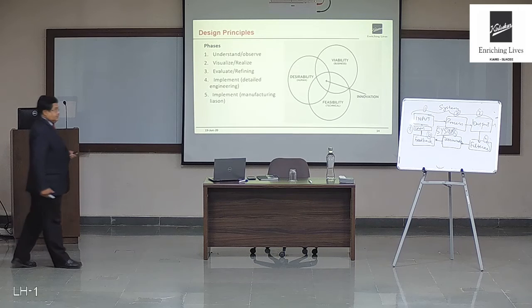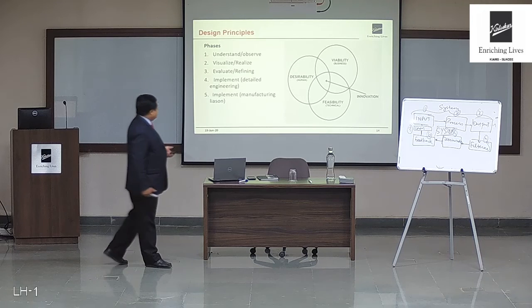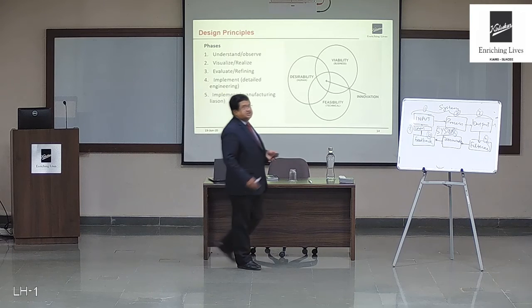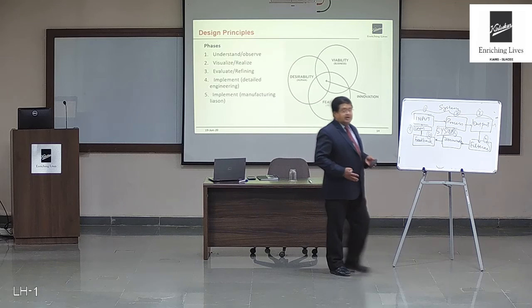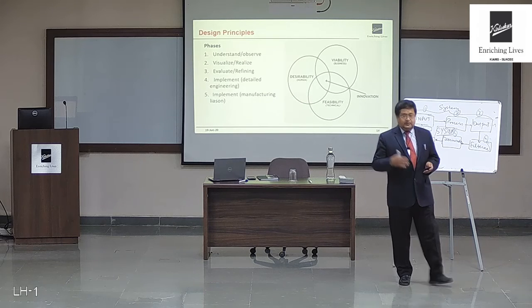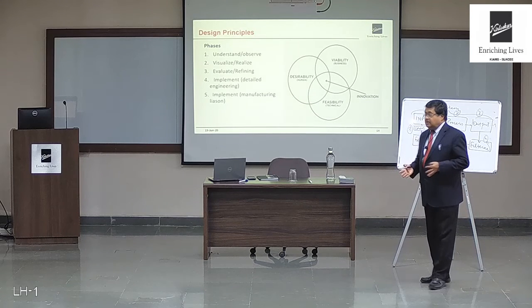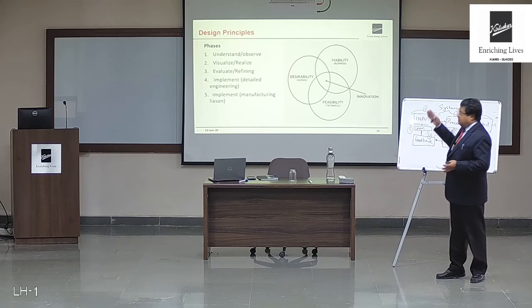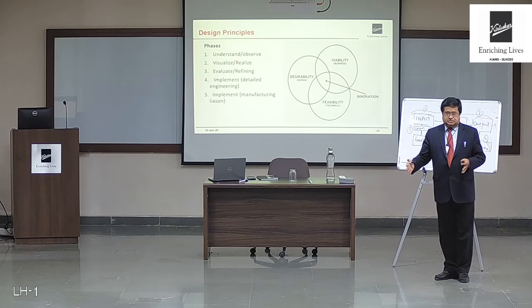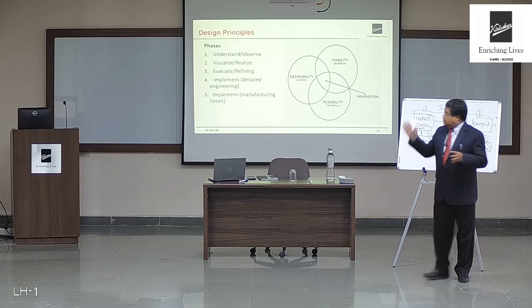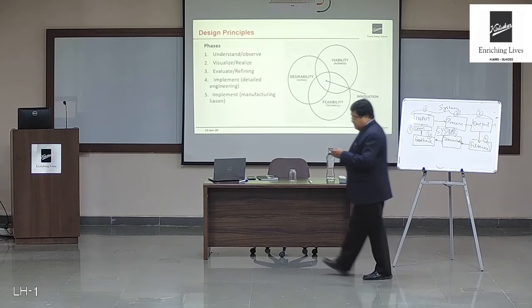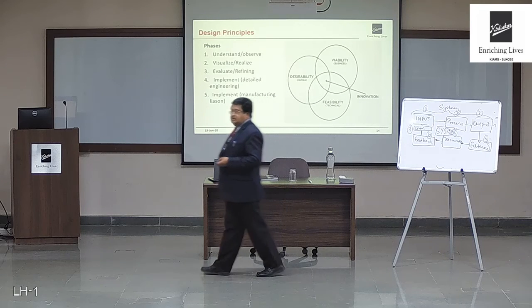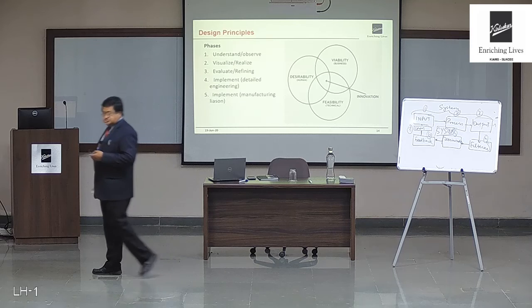And finally, after you refine this, get into the implementation, and that implementation is called the detail engineering. And once you have the detail engineering, that will help you to get into the prototype, and then make a working prototype which can be implemented in the manufacturing licensing process. So if you see this, these are the design principles which are used in the design thinking process.